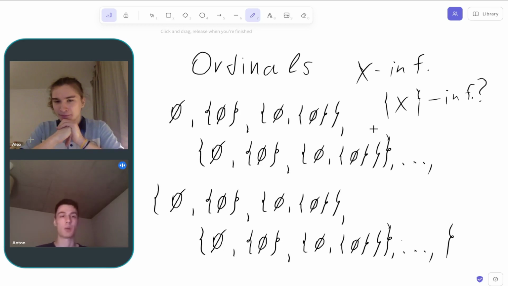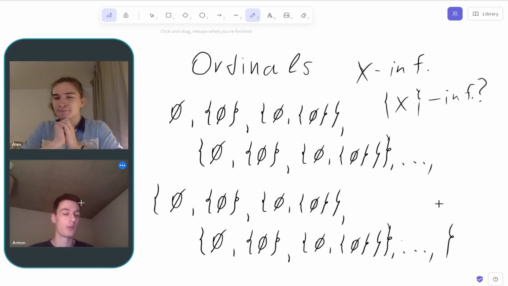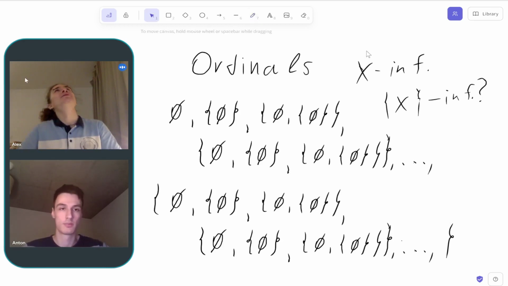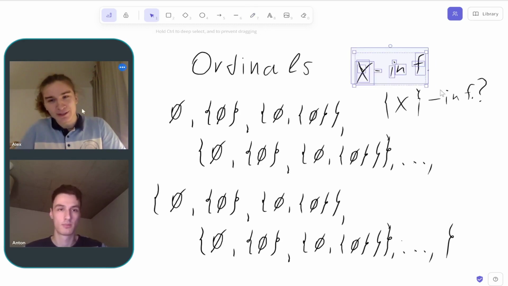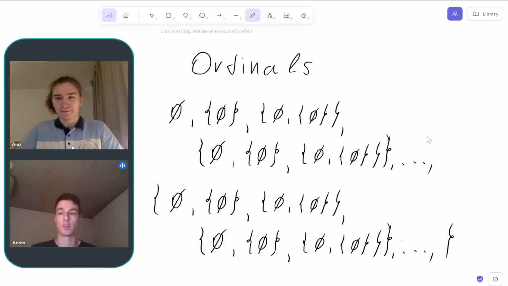But back to my question, what is the second infinite ordinal? As we just pointed out, if you just take a set of this big guy, this would not itself be infinite. It would be of size 1, containing only one element. So how do you construct the second infinite ordinal? Well, then the set of all finite ordinals and also the first infinite ordinal. Absolutely.